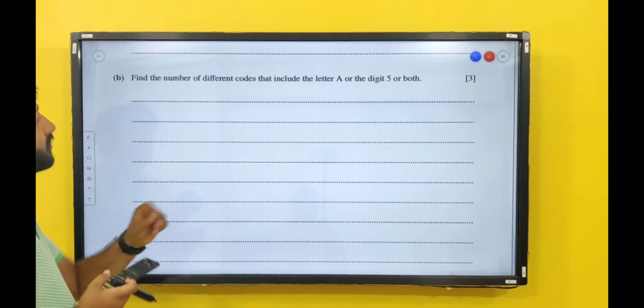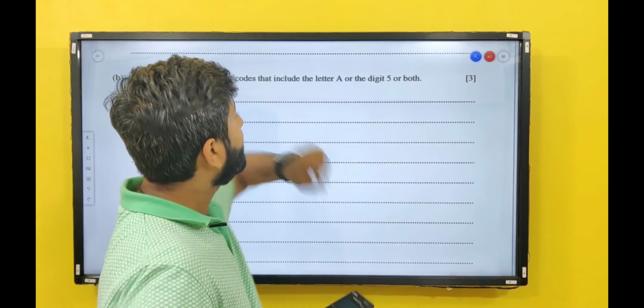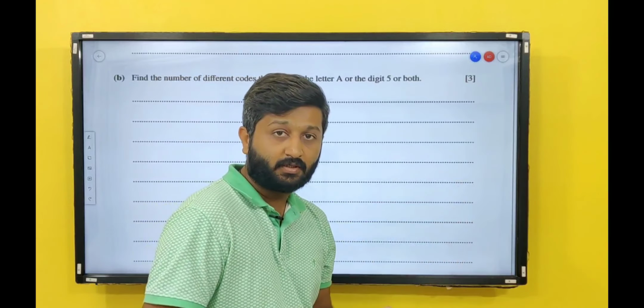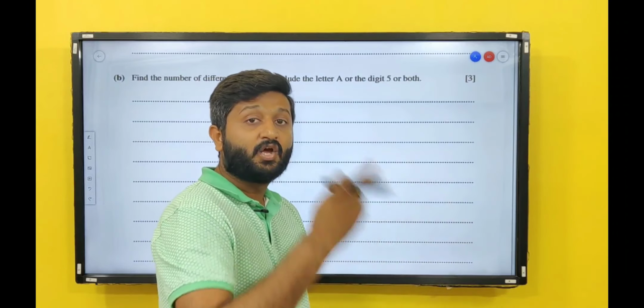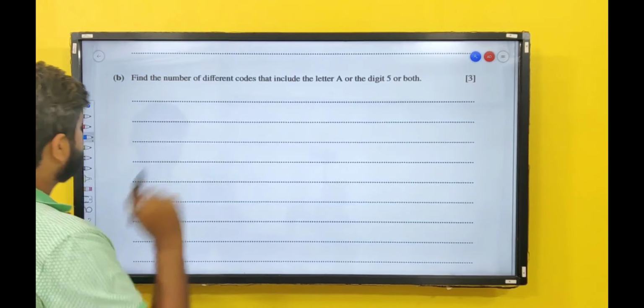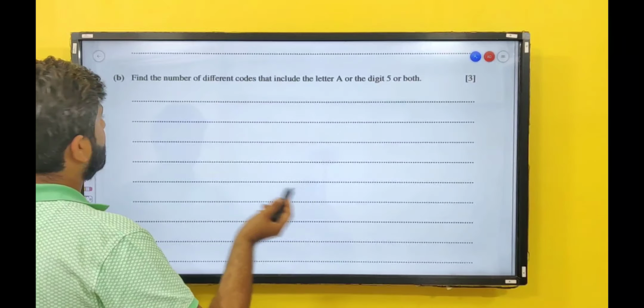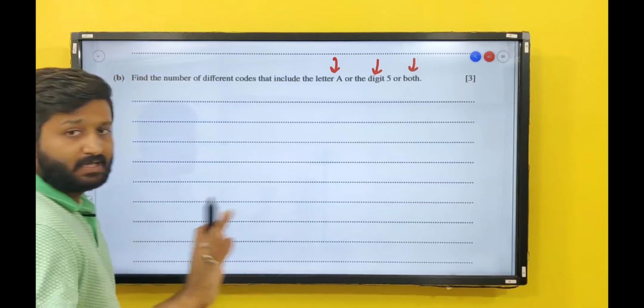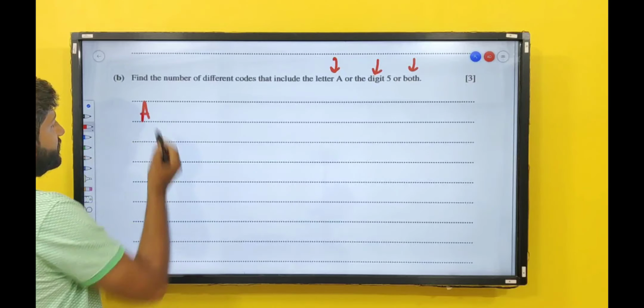Find the number of different codes that can include the letter A or the digit 5 or both. Okay. So let's say I want to include A or 5 or both. Let's say I want to include A first.